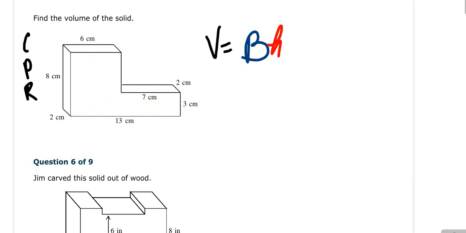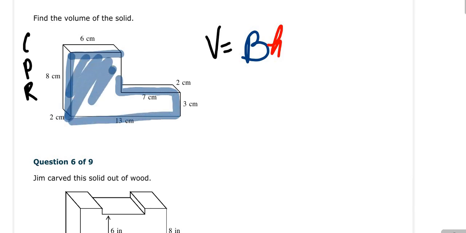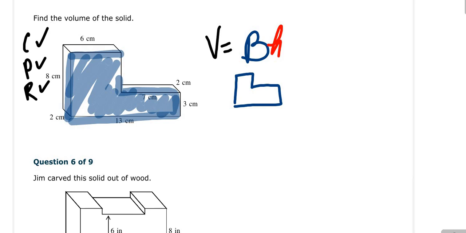They are not. Instead, it is the front and back shape. Why? Because there's only 2 of them. They're congruent, they're parallel, and they're connected by nothing but rectangles. So our base is this L shape, and the height is the distance between the bases, which we already have as 2.